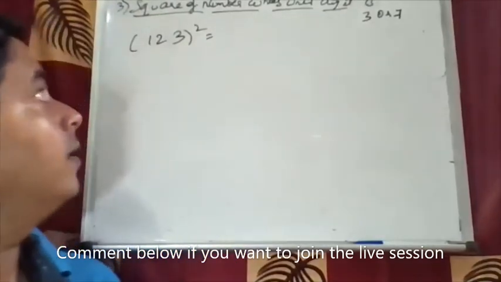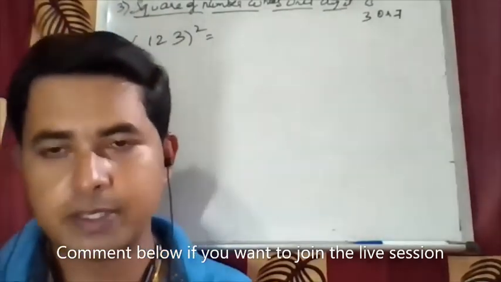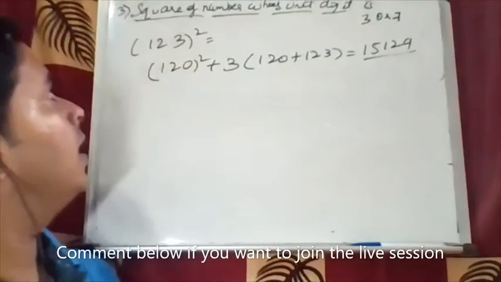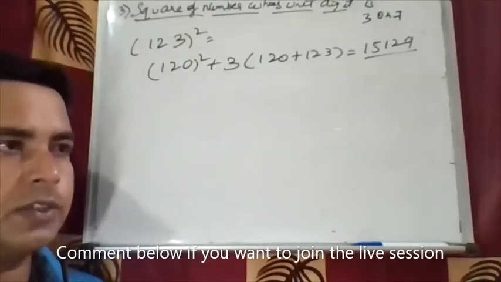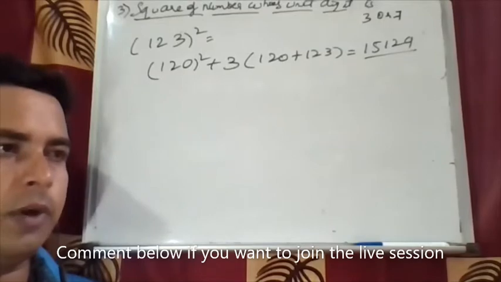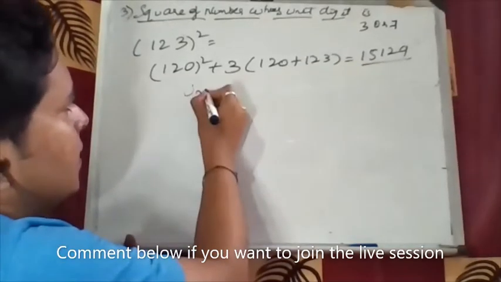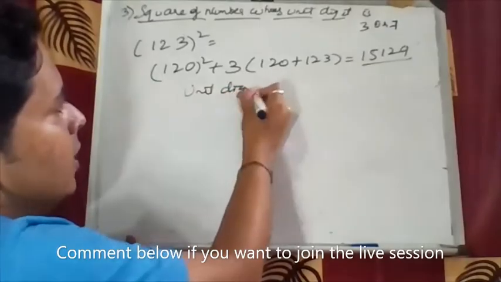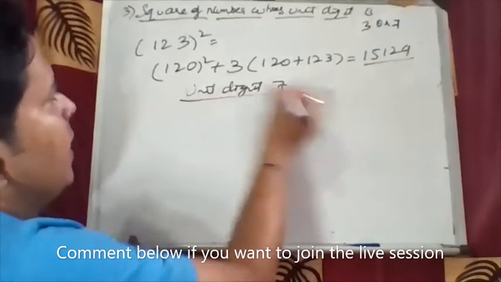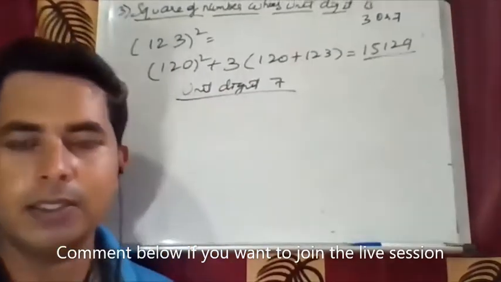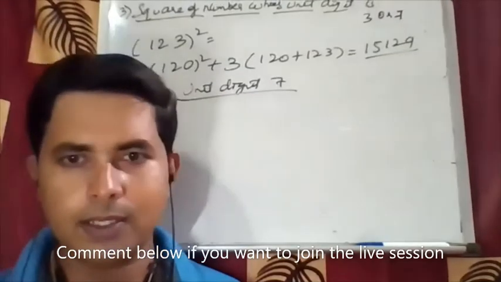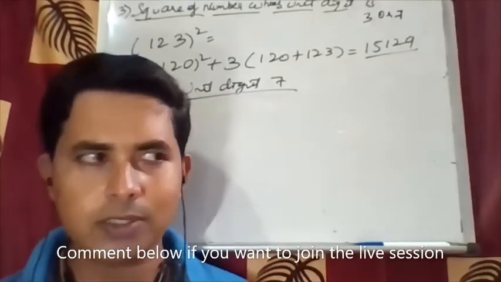So that is the answer of 53 square. Now what we'll do? Now we'll see numbers whose unit digit is 7. We saw the example for unit digit 3. In the same way, instead of addition, you do the subtraction.